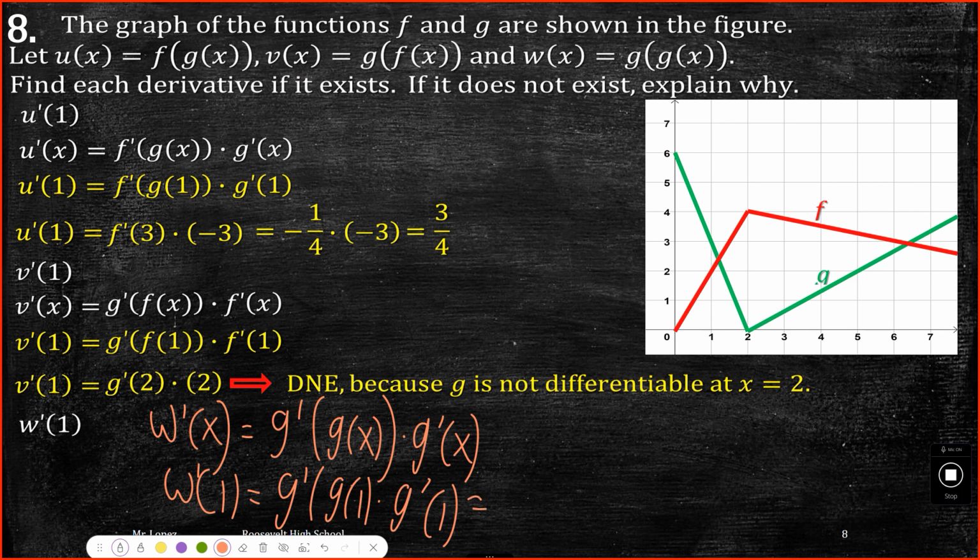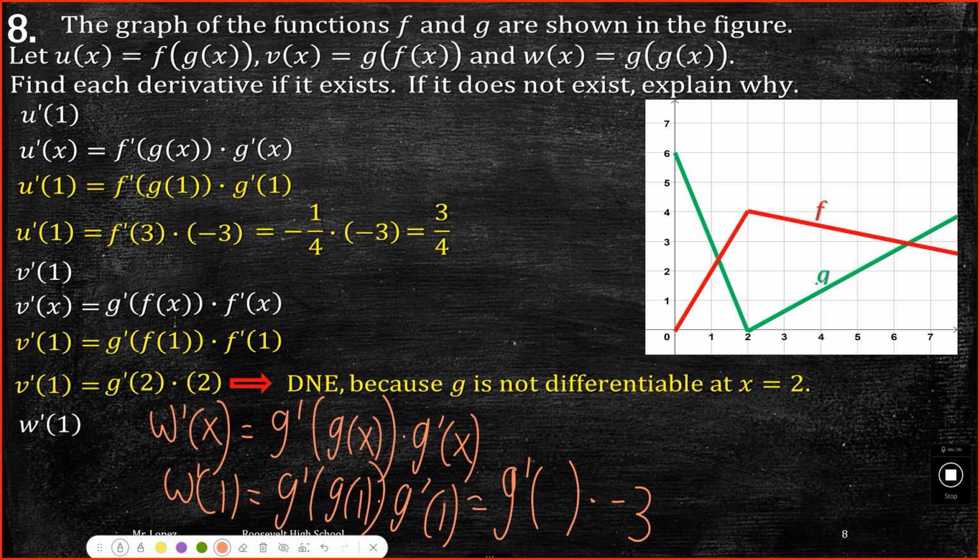Okay, so g prime of 1, we did that. G prime at 1 is negative 3. So this is negative 3 times g prime at g of 1.